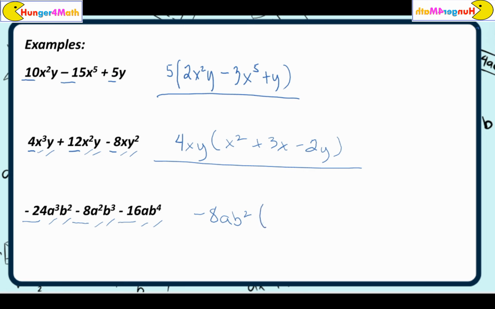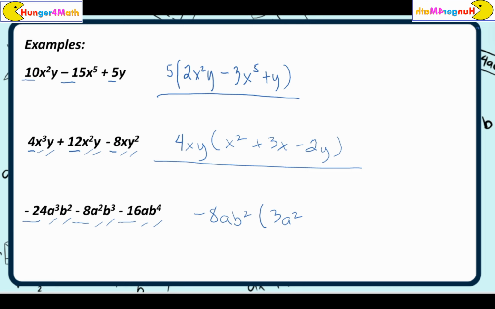Now let's start dividing. Negative 24 divided by negative 8 is positive 3. Then a cubed divided by a is a squared. b squared divided by b squared is just 1, so the answer will be just 3a squared.